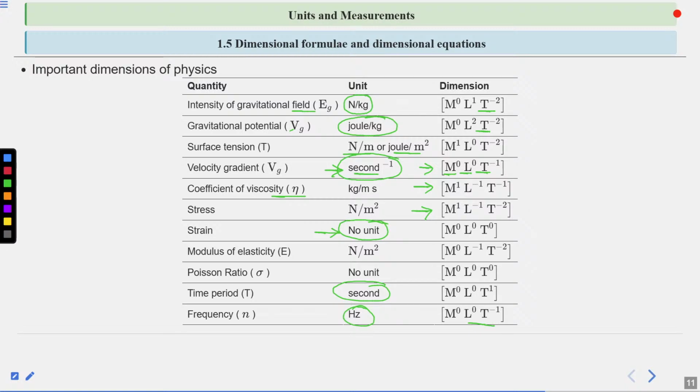Here velocity gradient is the rate of change of velocity with respect to distance.